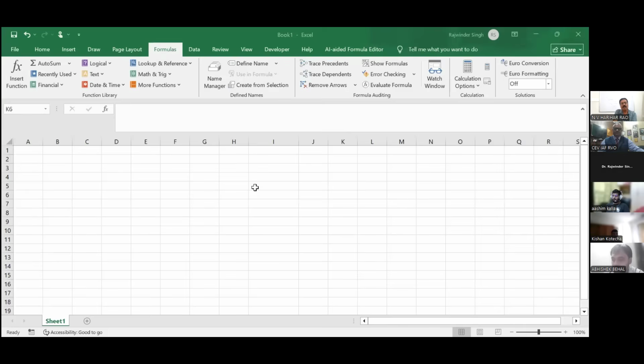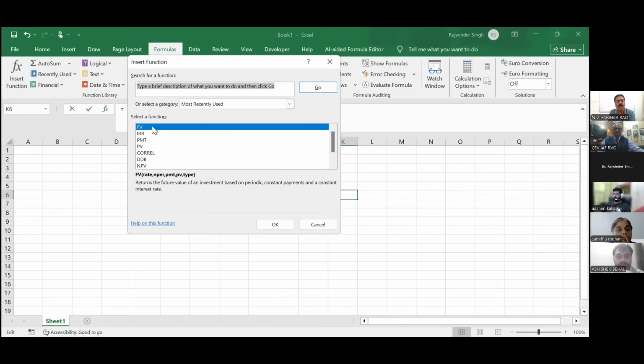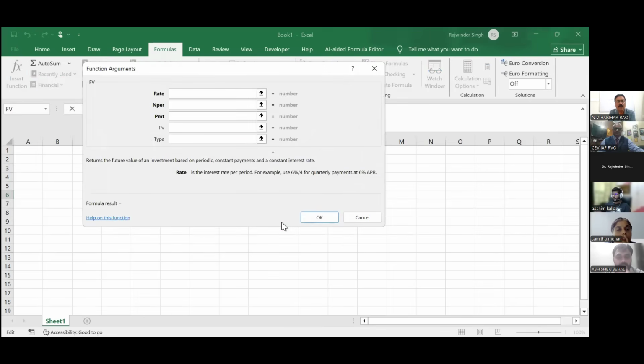Now is the Excel sheet visible? Yes, sir. See here, instead of having a shortcut, what you can do, you go to the formula, you go to insert function, so go to FV. You will be having a dialog box. So here you can write down 7% divided by 4.